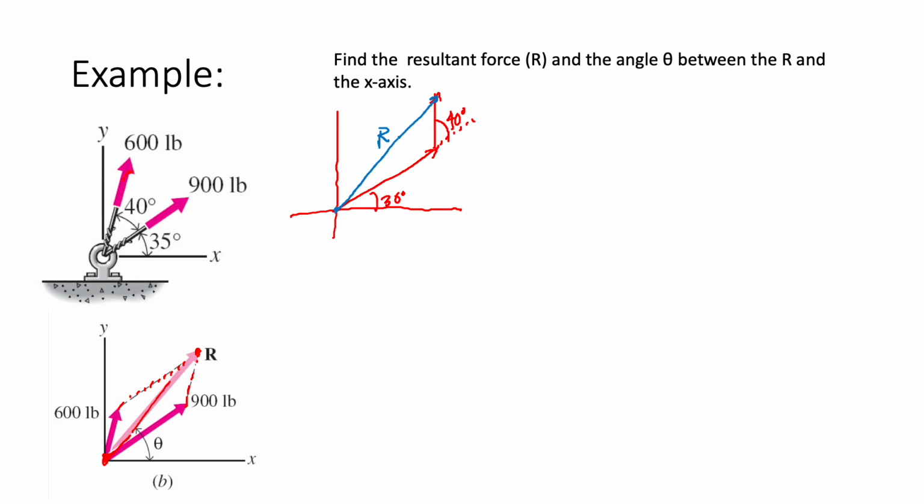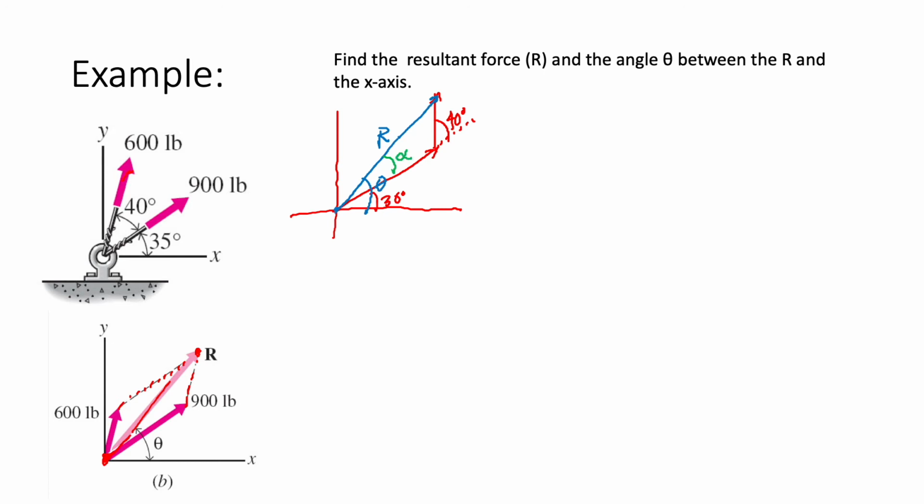What we're looking for is the magnitude of this R and its angle theta with respect to the positive x-axis. For us to easily get that, we can set this angle as alpha.